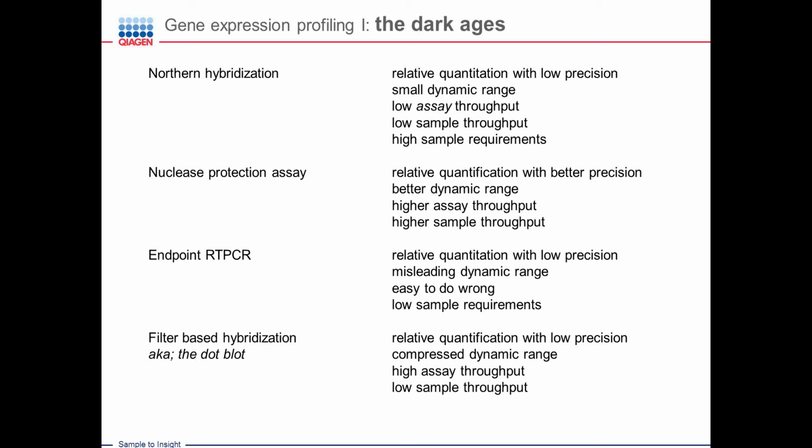It's essentially reverse northern. The attractiveness of it was that you always got your signal in a tight little dot. And if your RNA was terribly degraded and really ugly and your hybridization was terribly nonspecific, it still made a nice little dot, and you could tell your advisor that your experiment worked, when in fact mostly what you were seeing could possibly be noise and not actually the signal you were looking for.